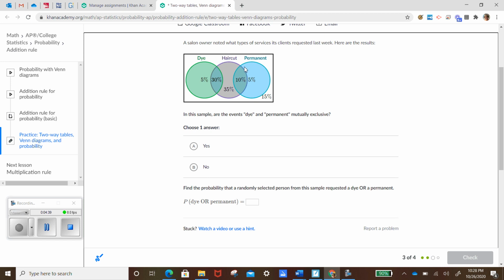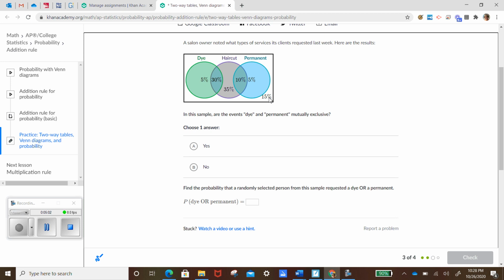And then a permanent was a total of 15%. And then this 15% out here means that 15% of the customers fit into categories besides these 3. I don't know what that would be, maybe just going to buy some product or something.